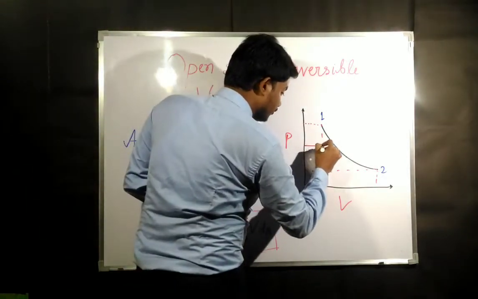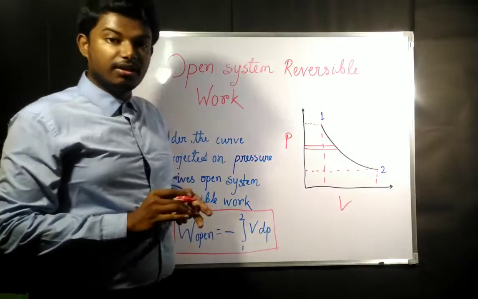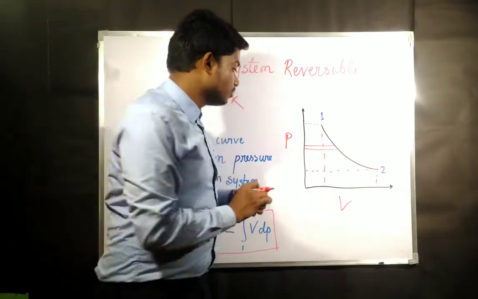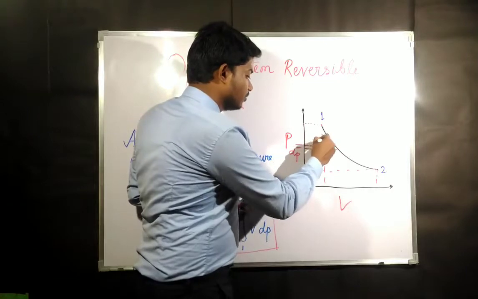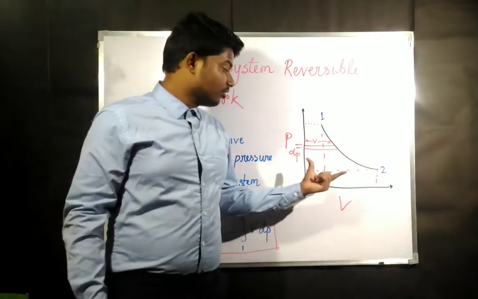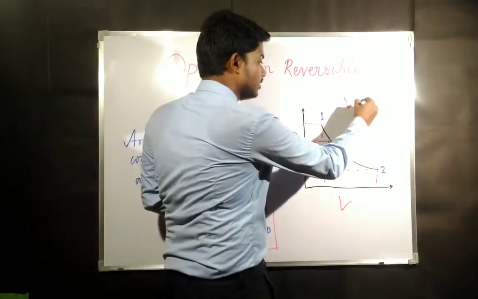For finding this, it's basic integration. If we take a small strip which has a breadth of dp and a length of volume v, then the area of that small strip is going to be v into dp.